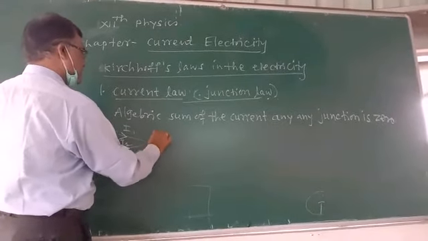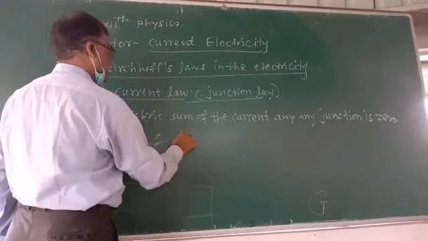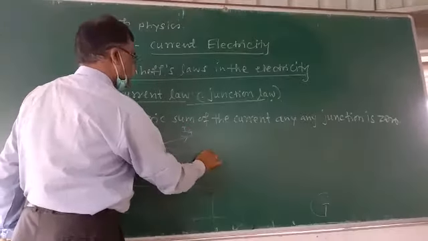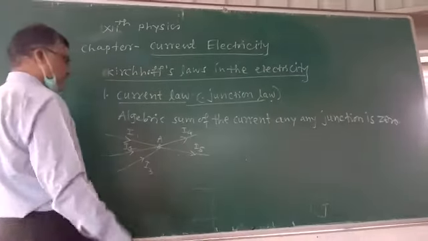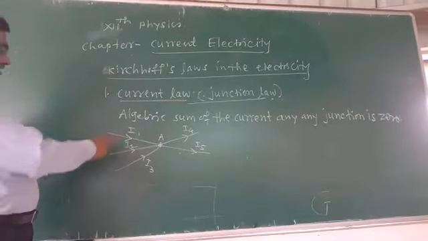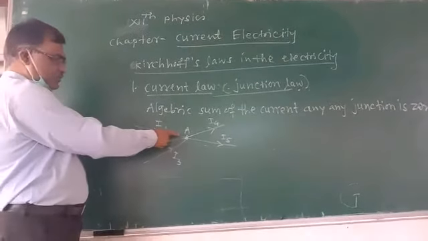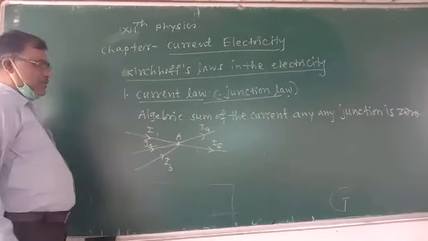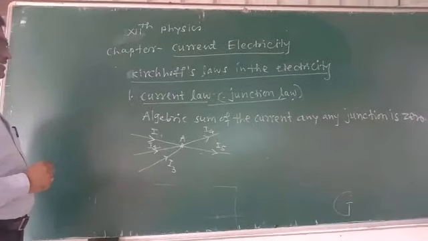And this, A, is the junction point, and this fourth conductor passes current I4, and the fifth conductor passes current I5. The three currents I1, I2 and I3 are flowing towards the junction A, and I4 and I5, these two currents, are flowing away from the junction.